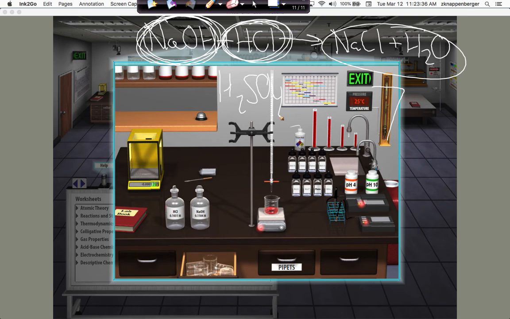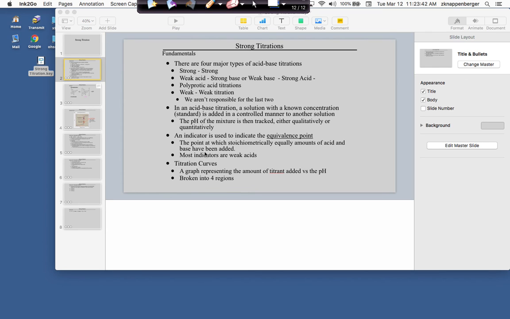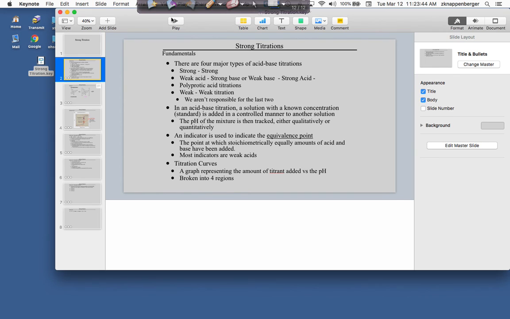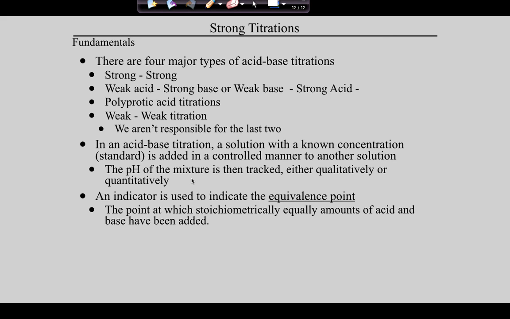Is that okay? Okay. So with all of that said, it brings us back to here. As we're generating this information, we use these indicators to indicate when we have stoichiometrically equal amounts of acid and base.